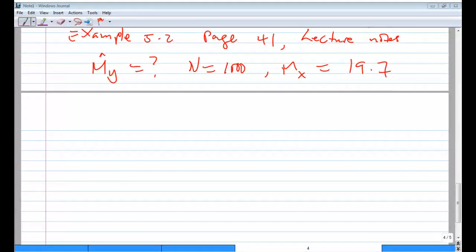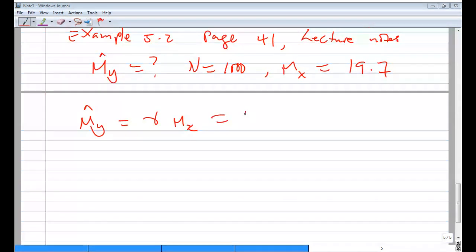I think that those are the information given there. Okay. So now remember, we said we want to find mu y estimate, which is equal to r mu x. Remember? Do you remember this formula? Yes. Which is equivalent to y bar over x bar mu x, isn't it?